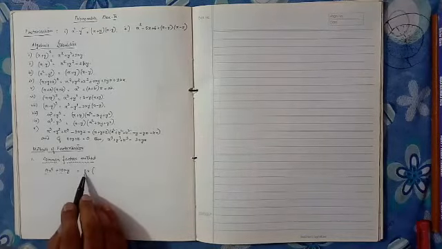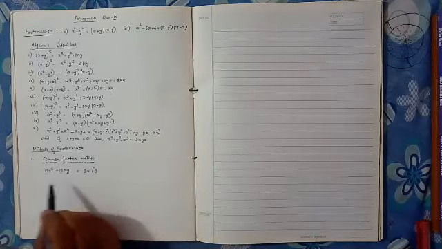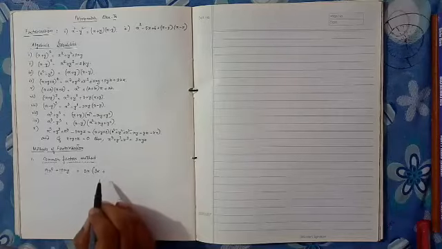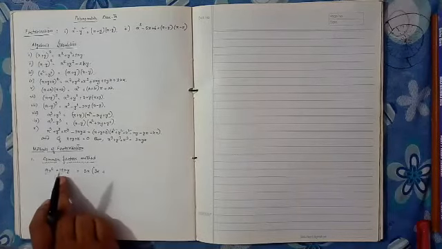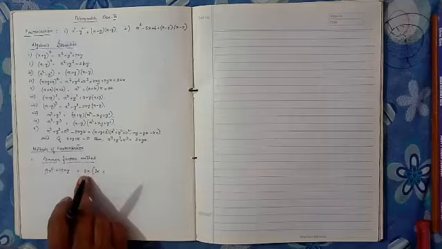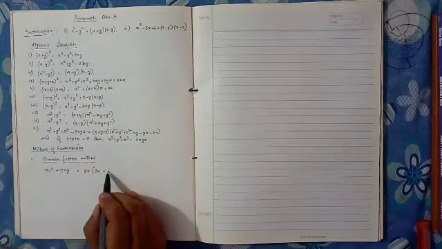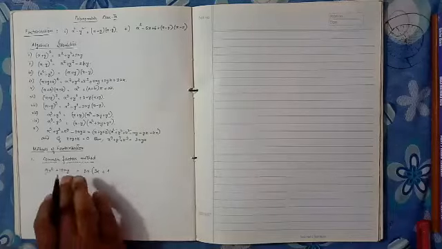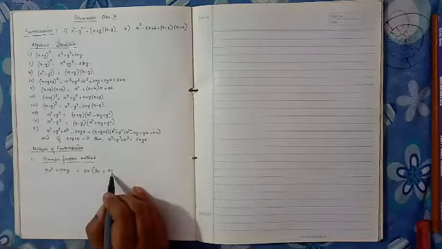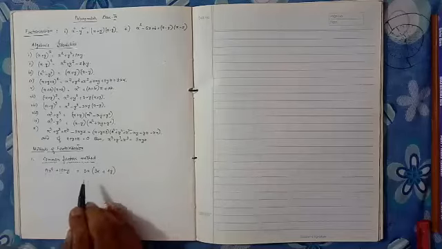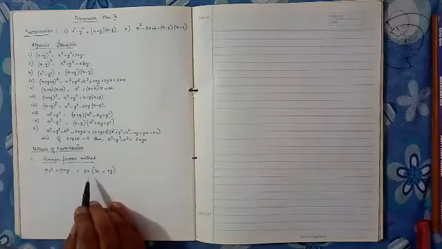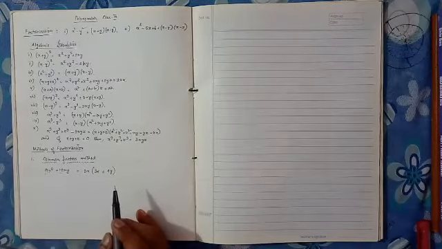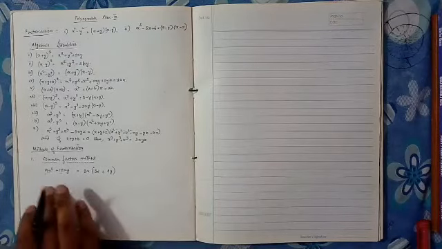So 9x square divided by 3x is 3x, plus 12xy divided by 3x is 4y. So 3x into 3x plus 4y, this is the factorization.